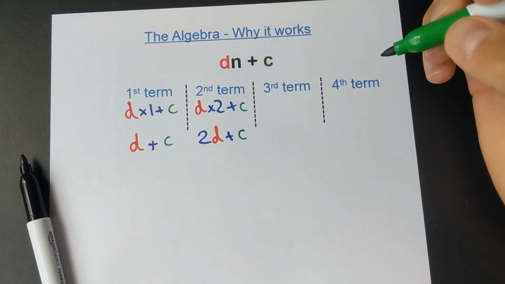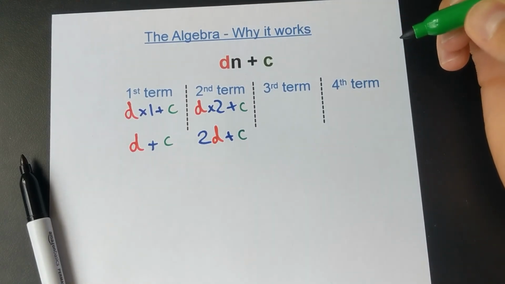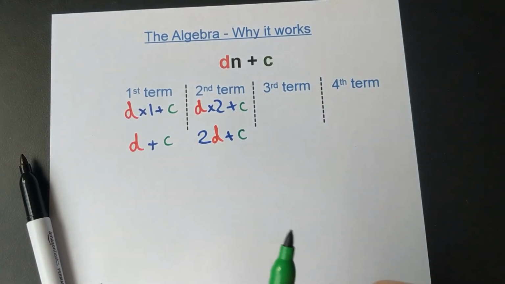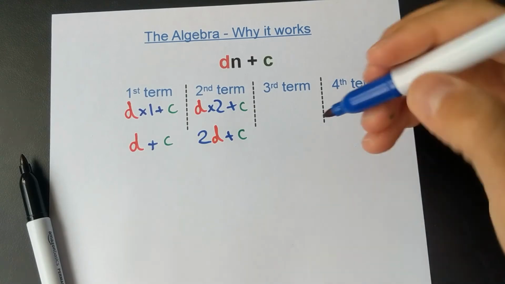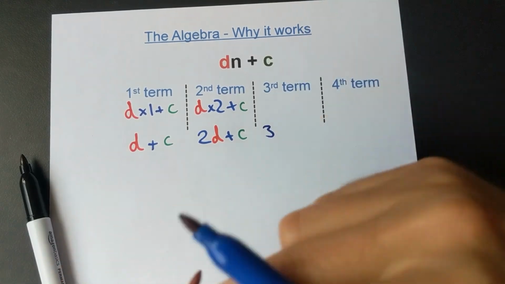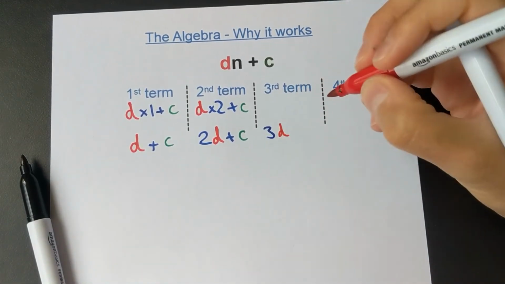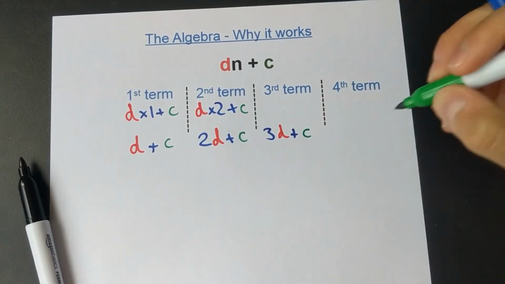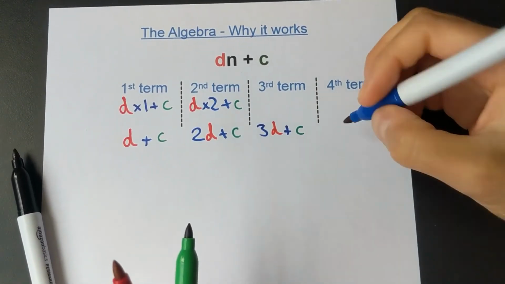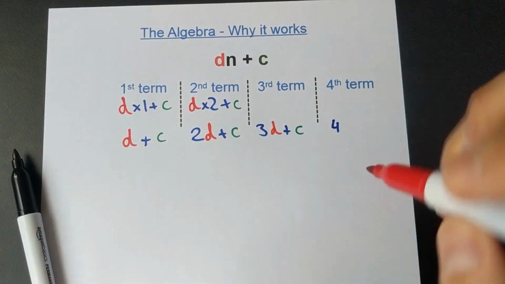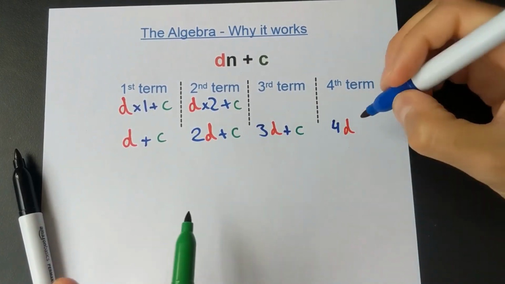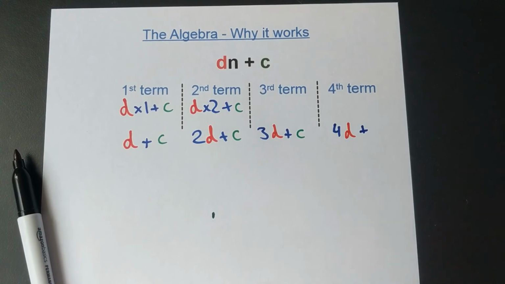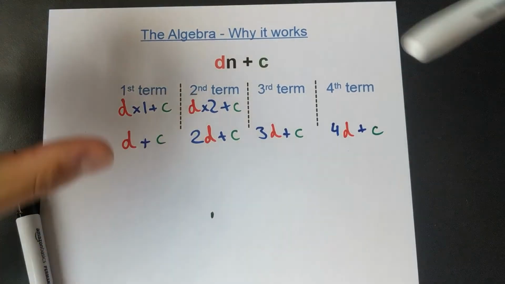So there, that is my second term, 2d plus c. My third term, I don't think I need to do the whole working out for all of this. Hopefully you can see that this is going to be 3d plus c, and my fourth term is going to be 4d plus c. Oh, too many pens.